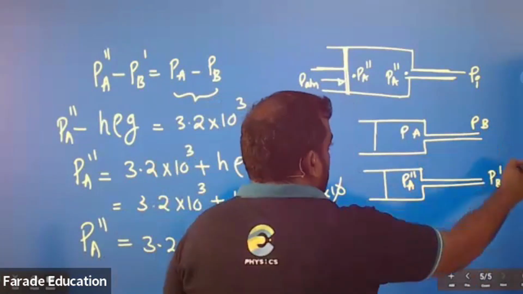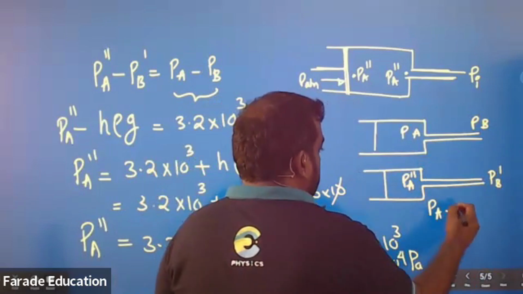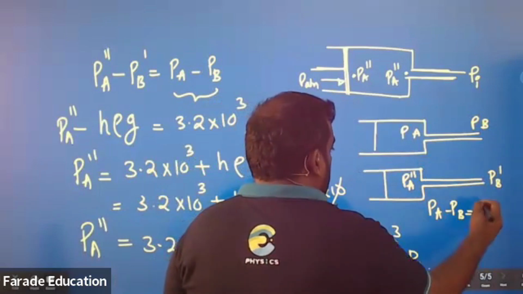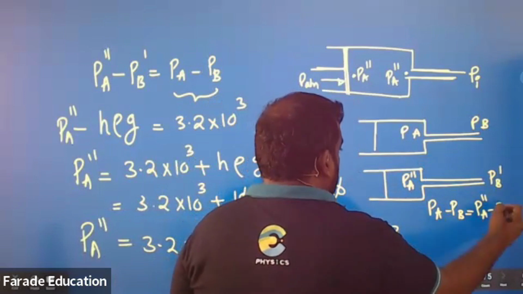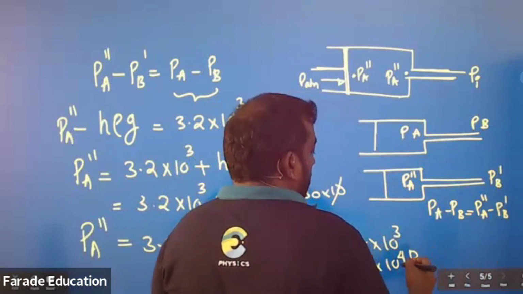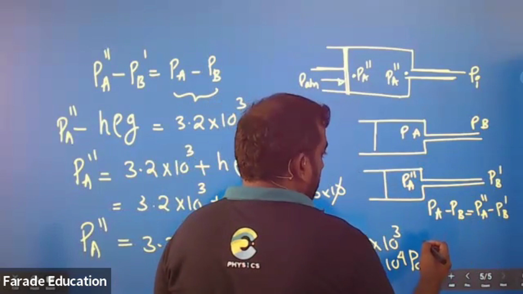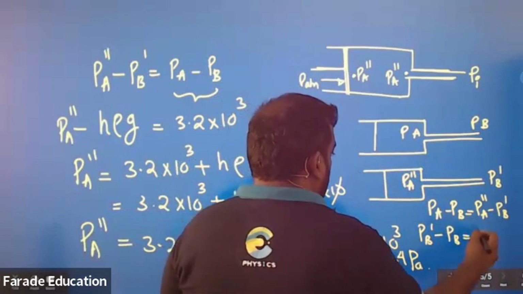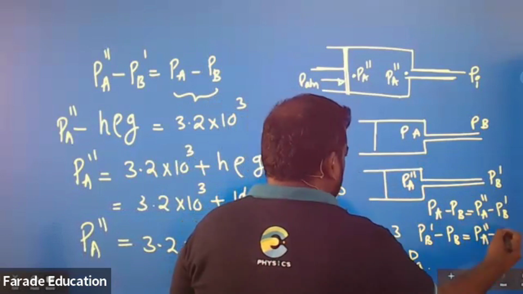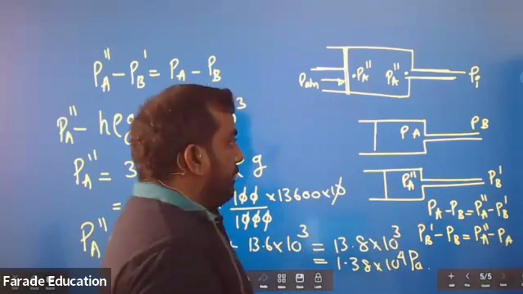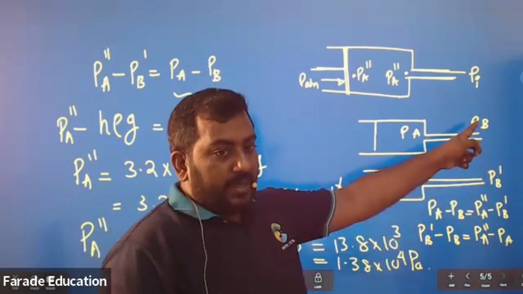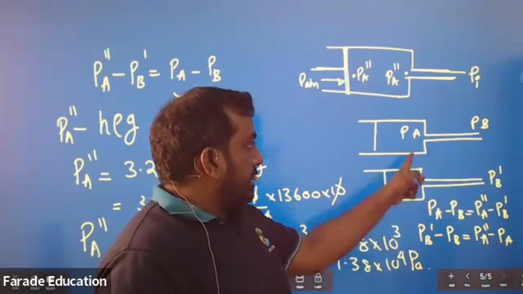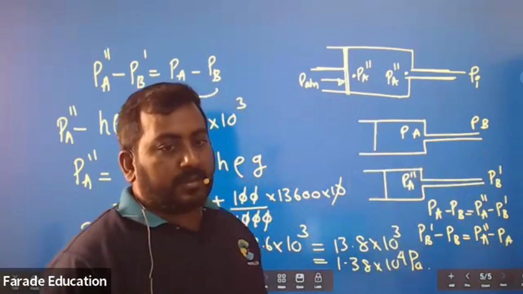You can see the pressure difference here. PA minus PB equals PA double dash minus PB dash. If you simplify it carefully, PB dash minus PB equals PA double dash minus PA. That means the pressure change here and the pressure change at this edge both should be what? Same.